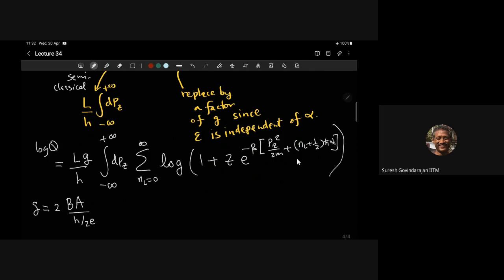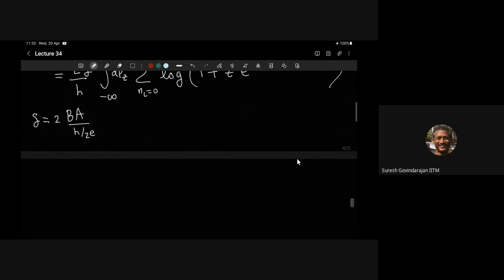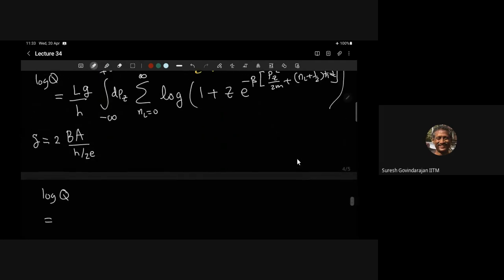So a nice thing happens. You see that A comes here. So if you plug in the value for G, A times L becomes the volume of the sample. It's kind of cool. So let's put all these things together.